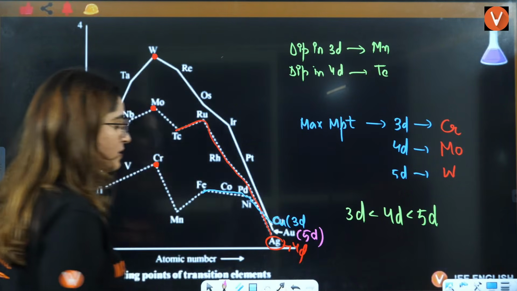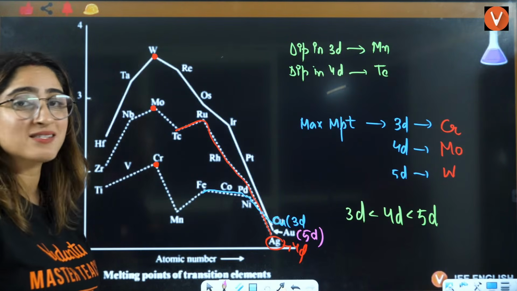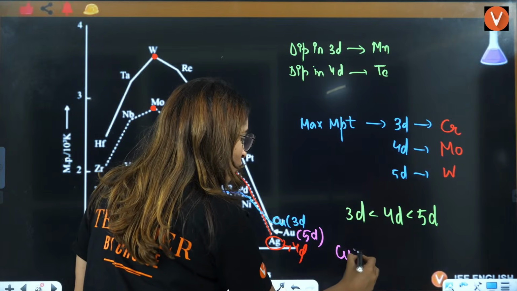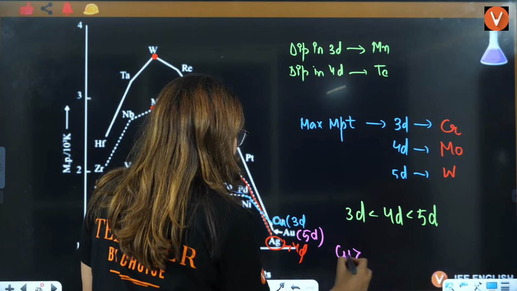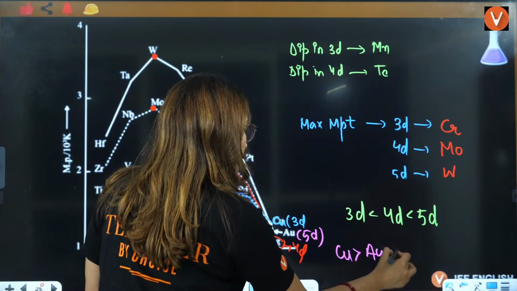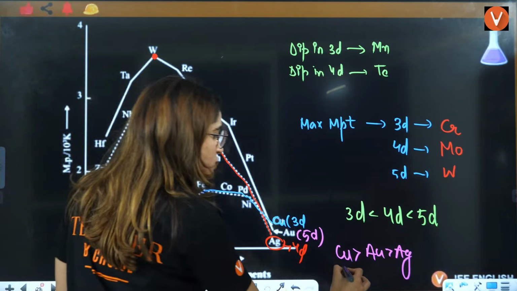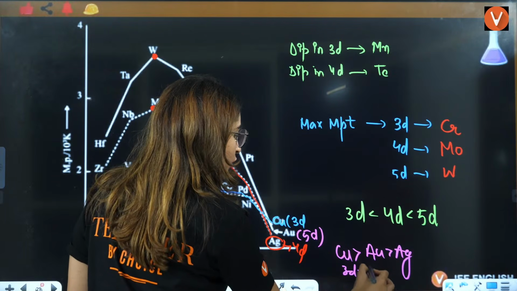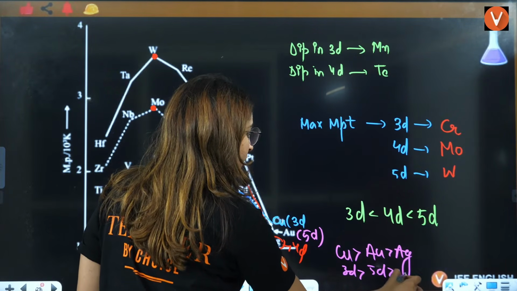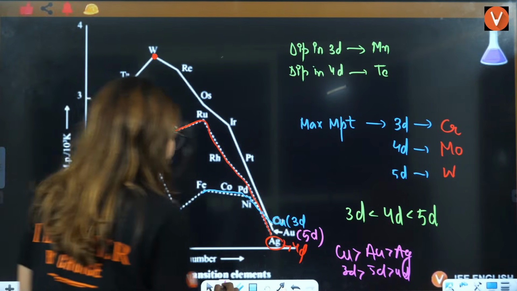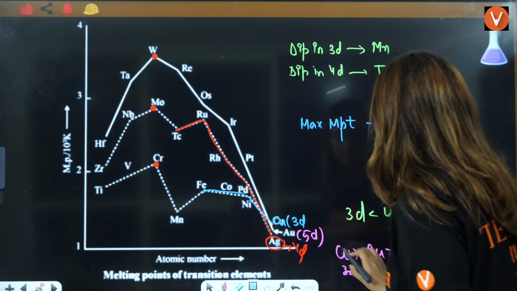Can you see which one has more melting point here? Copper has more, then you have gold, then you have silver. But how is it becoming? The maximum is for 3D, then you have 5D, then you have 4D here. This is the exception. Okay? This is the exception that you have here.